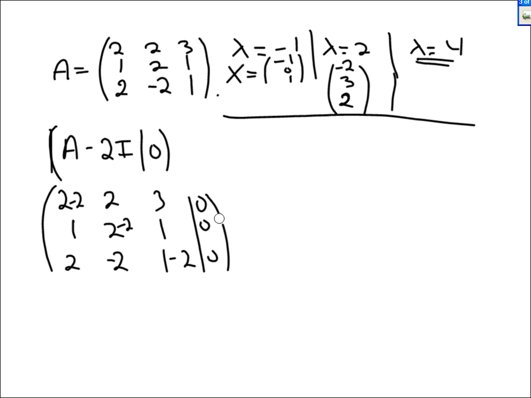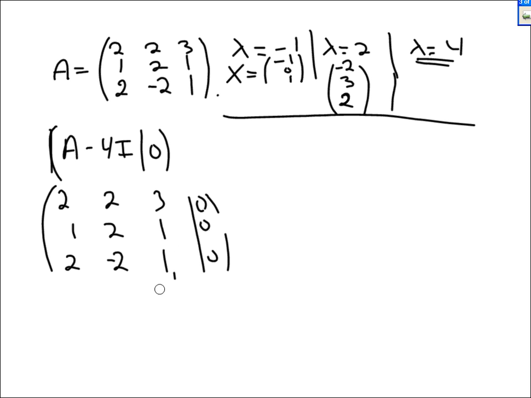So since lambda is 4, we'll take A minus 4 times I. Which means on the diagonal, I'm not taking away 2 anymore. I'm taking away lambda, which is 4. The reason I claim this is cleaner than doing 4I minus A is we don't even have to figure out what minus A is.